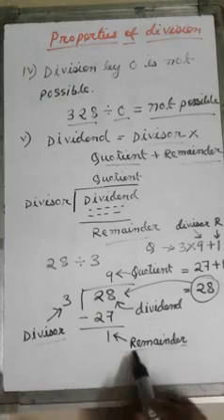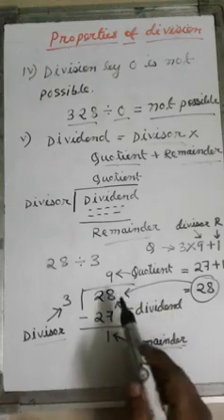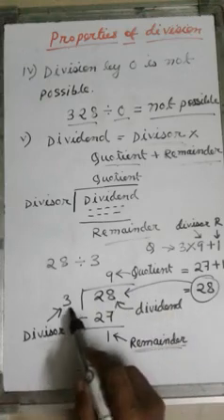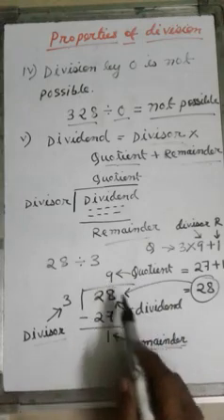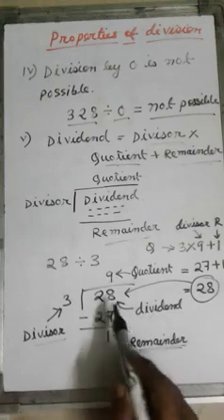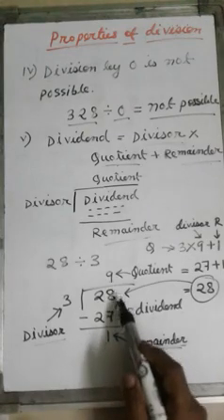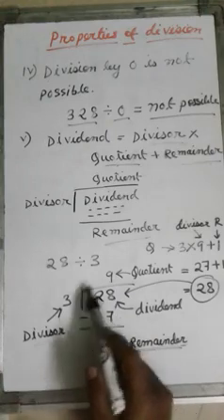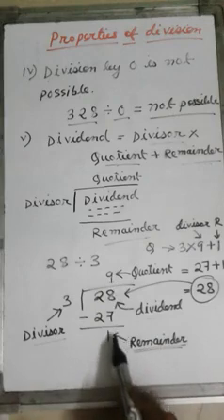This 1 is remainder. So we have divisor 3, quotient 9, the result we got. Dividend is the number we divide, and the remainder is the number which is got after subtraction of the product of quotient and divisor from dividend.